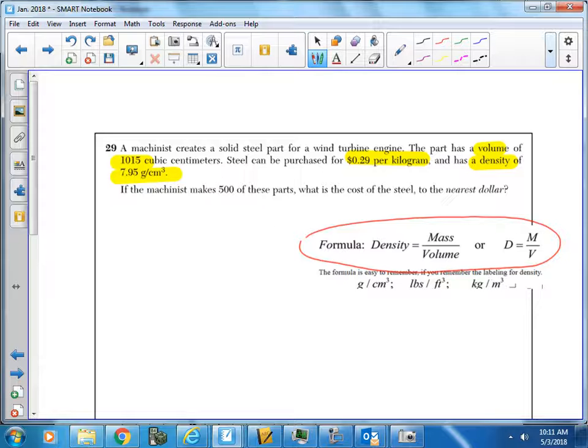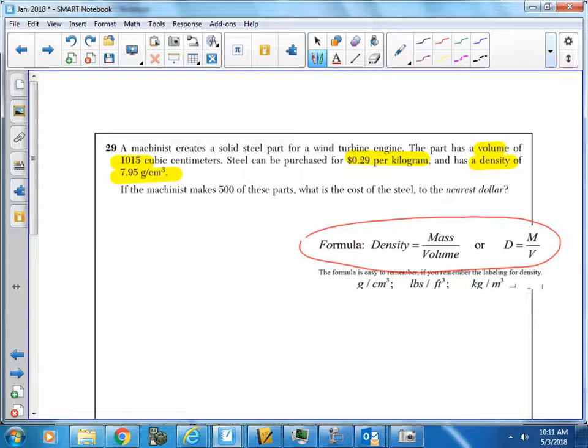All right, but we need to find the mass anyway. This machinist is making 500 of these parts. We need to know the cost of the steel. So in order to find the cost of the steel, we need to know how much steel they need, and we need to figure out the mass to find that out.